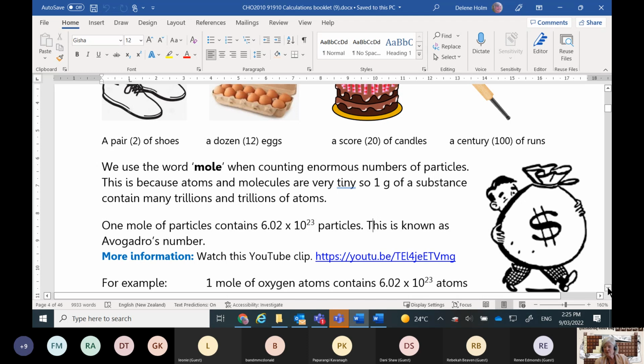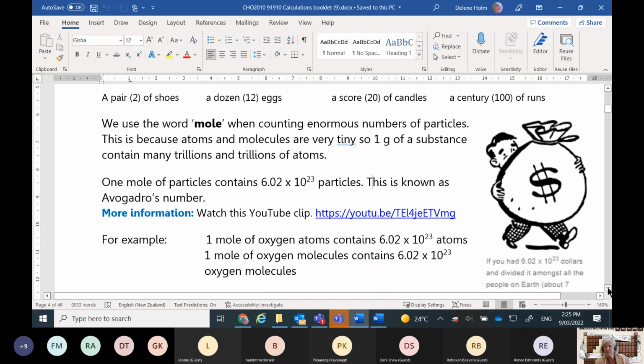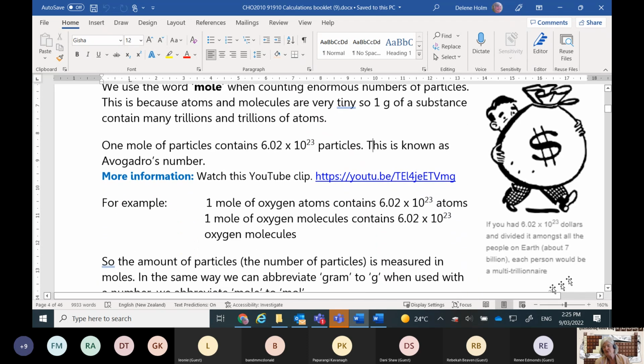An idea to show how big this number is: I did this when the population was about 7 billion people. It's now getting closer to 8. But even so, if I had 1 mole of dollars, which doesn't sound like a lot, and I dished it out to every single person on earth, man, woman, and child, every person would be a multi-trillionaire.